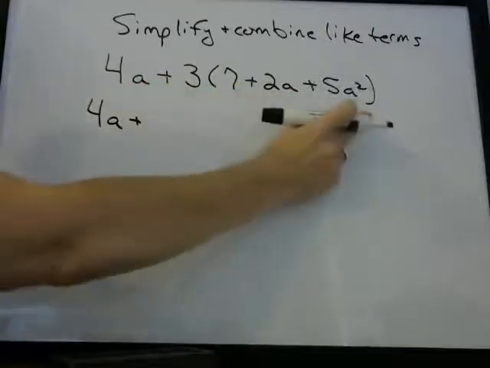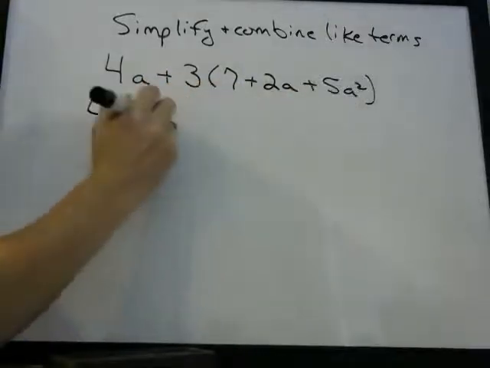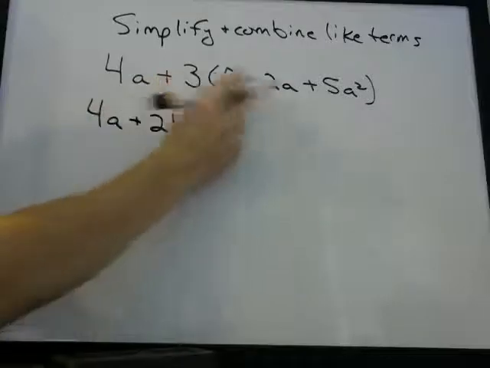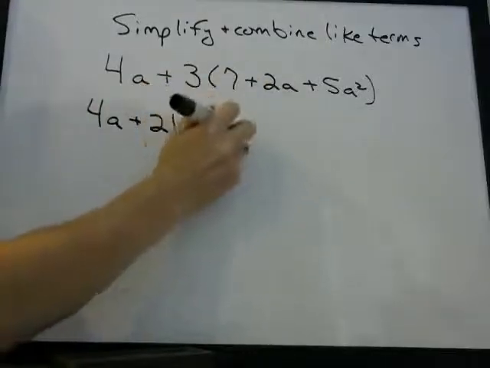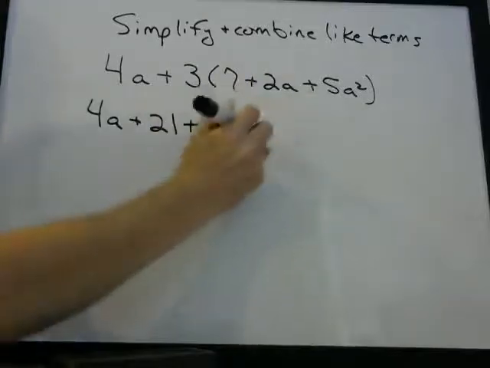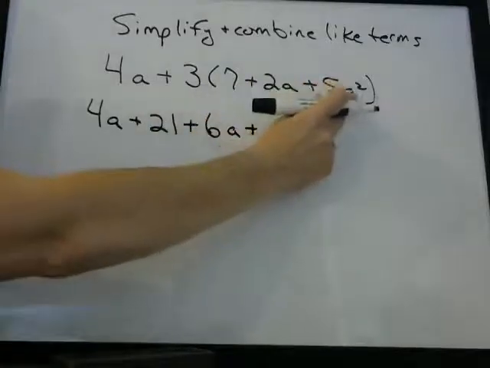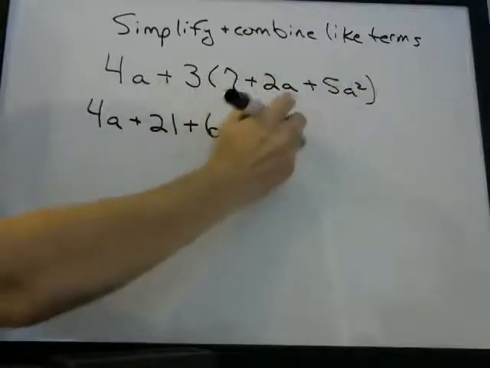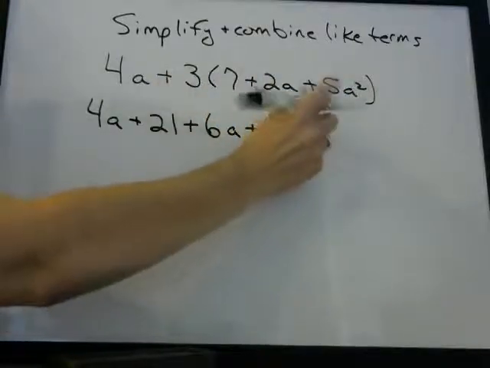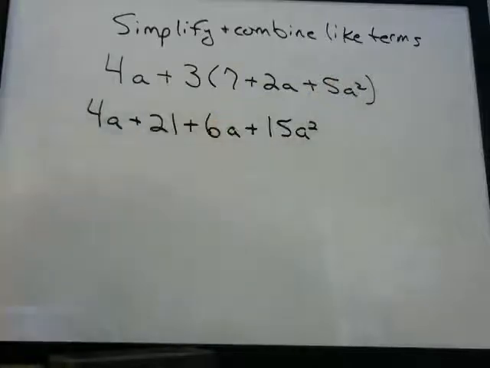We're going to use the distributive property again. 3 times 7 is 21. 3 times 2a, again you just multiply the numbers: 6a, you keep the a. Now this is an a squared, but it doesn't matter. You just treat it the same. 3 times 5 is 15, a squared. You just keep it along like we did with the a.